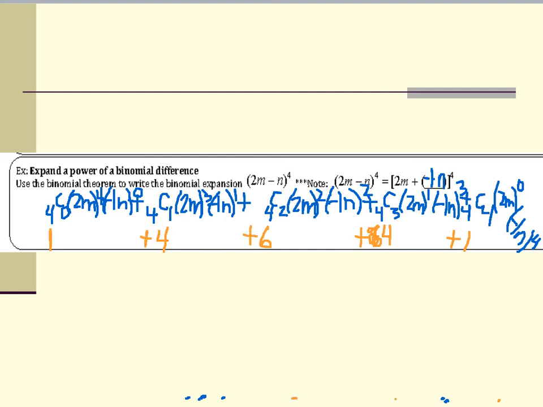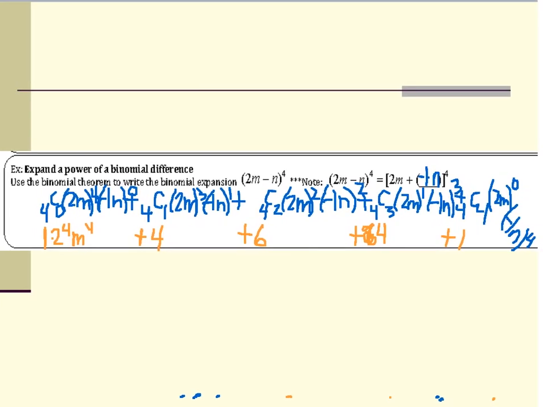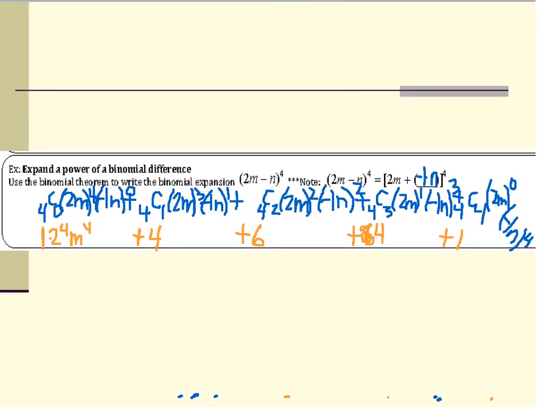Okay. Now I've got 2 to the fourth times m to the fourth. So times 2 to the fourth, m to the fourth. Negative 1 to the 0th and n to the 0th, well, that's just 1, so I don't need to worry about writing that. The next term here, I've got 2 to the third, m to the third, negative 1 to the first, and n to the first.